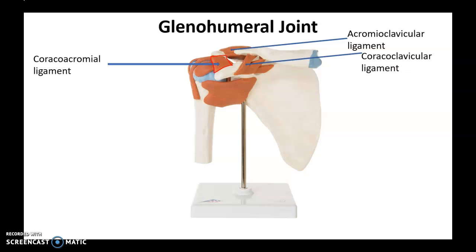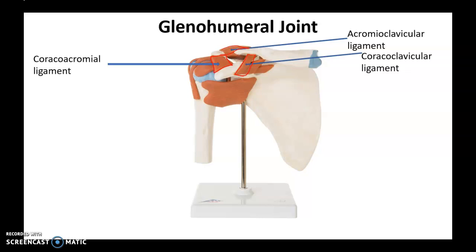Okay, the next ligament: the articular capsule is strengthened superiorly by the acromioclavicular ligament, which is right here. In addition, a very strong coracoclavicular ligament binds the clavicle to the coracoid process of the scapula. So from the coracoid process of the scapula, which is here, to the clavicle, which is here, this ligament is called the coracoclavicular ligament.